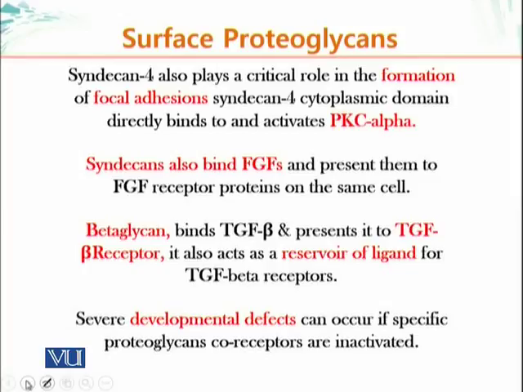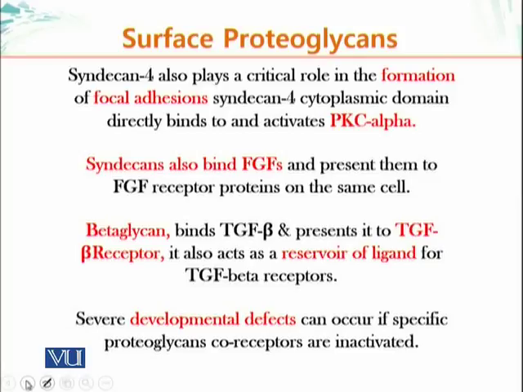Syndecans also bind FGF and present it to FGF receptor proteins on the same cell. You can think of these syndecans as a scaffold which is going to help the cells receive the signal. They capture the ligand, the signaling molecule, and present it to the receptors present on the plasma membrane.